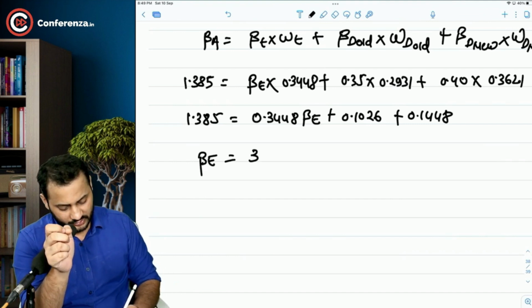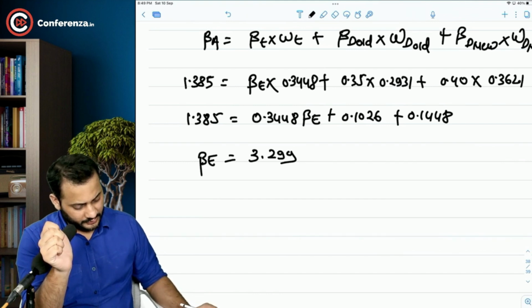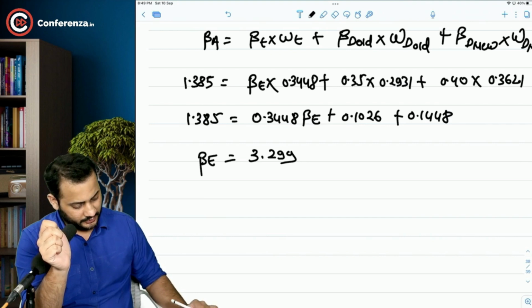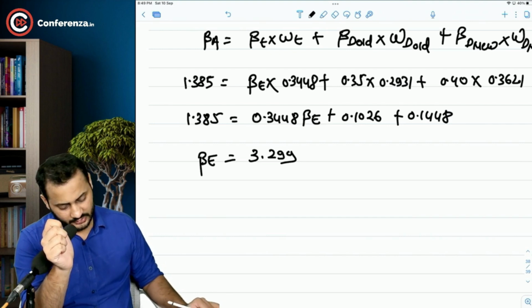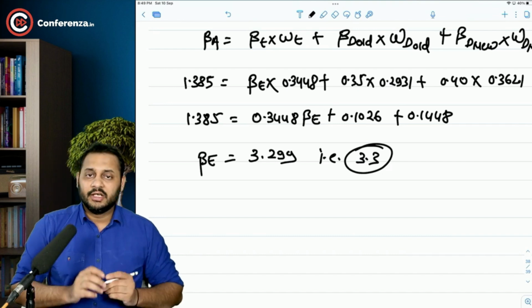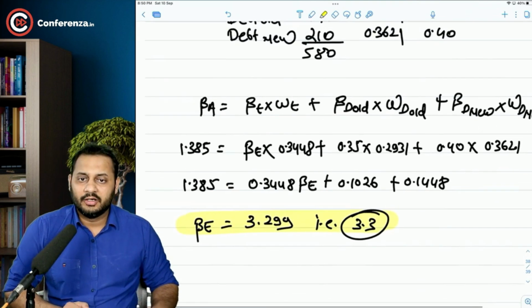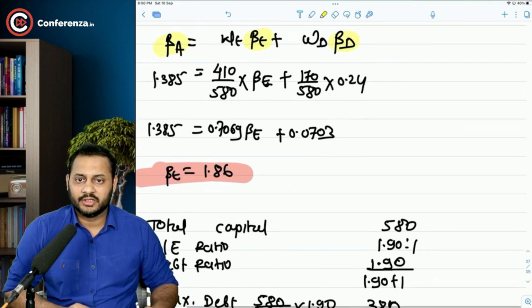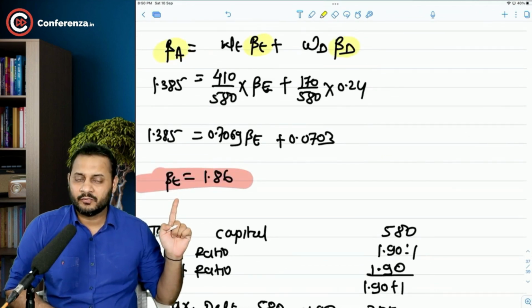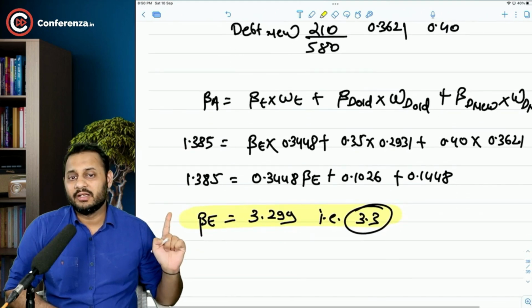So the answer comes to 3.299. Let me just check once again. 1.385 minus 0.1026 minus 0.1448 divided by 0.3448. 3.299. That is 3.3. Equity beta has increased. Earlier it was, try to understand, 1.86. Now it has increased to 3.299 or 3.3.